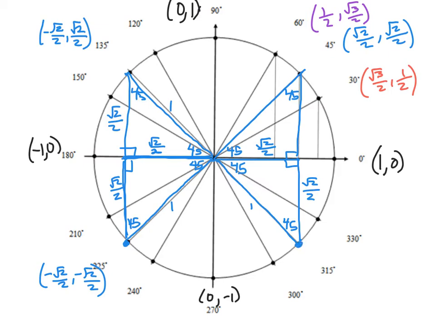So at this point right here, at 315 degrees, I have gone radical 2 over 2 to the right, but then I've gone radical 2 over 2 down, so the y-coordinate will be negative. Now I'm going to erase all of my blue triangles so that I can move on to the red triangles.